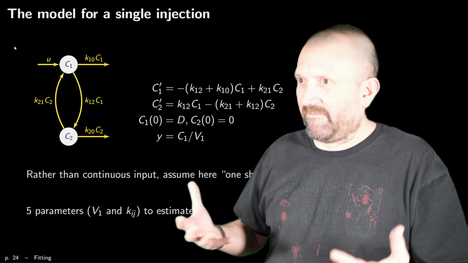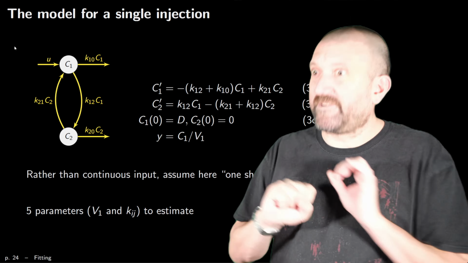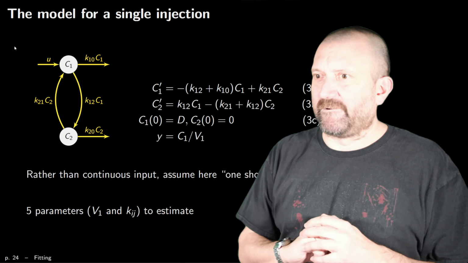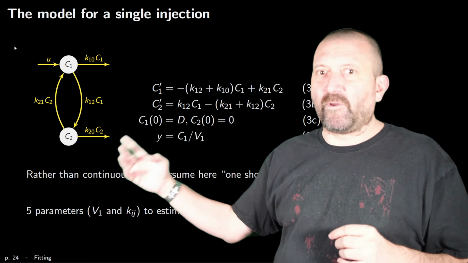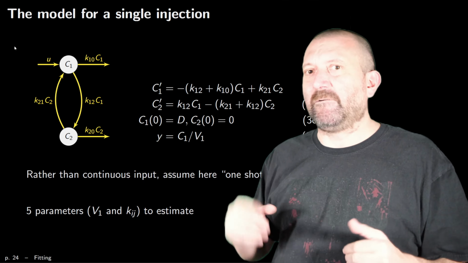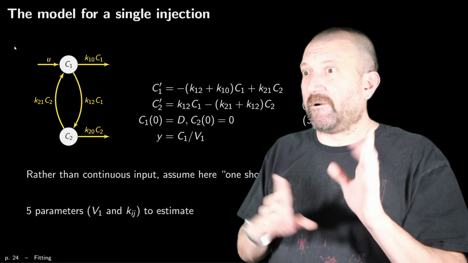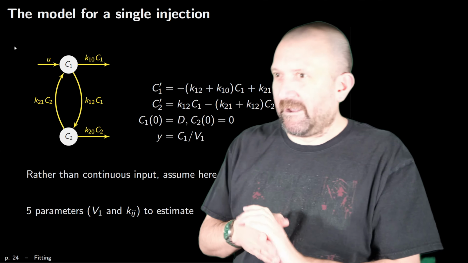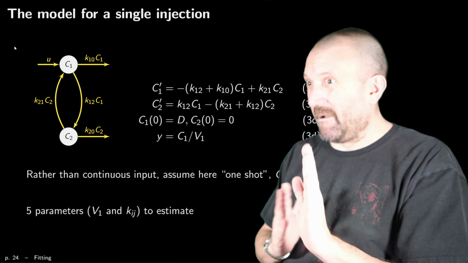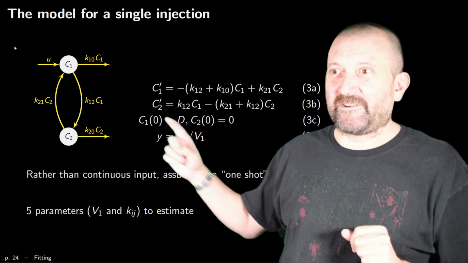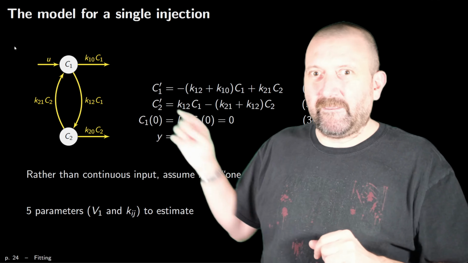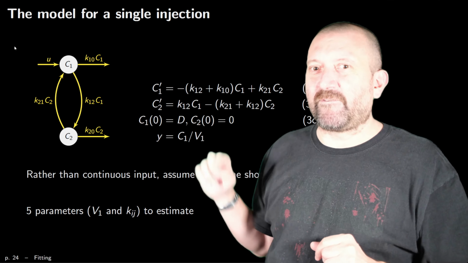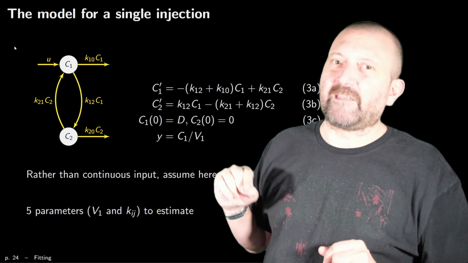And so what we have is we have 5 parameters to estimate if we want to understand this system. We know how much we inject. This is our initial condition. We know how much we inject, but we have to find out what the exchange rates are, what the excretion rates are. Excretion rates would be like what's the half-life of the medication in your body, etc. Okay, so I need to find these arrows K10, K20, K12 and K21.